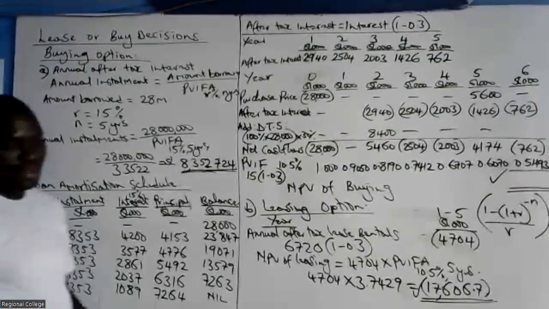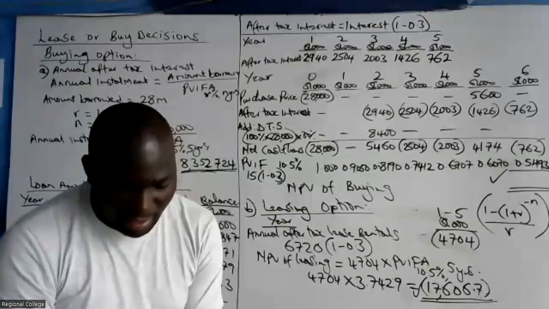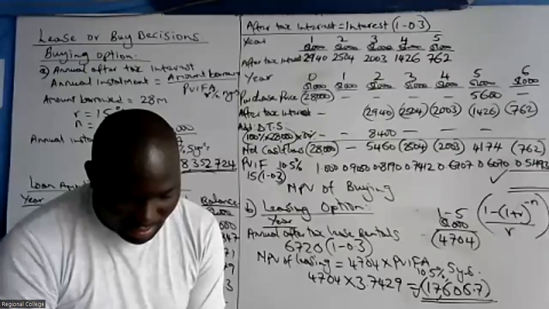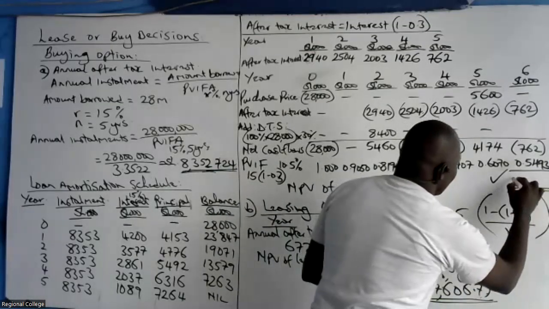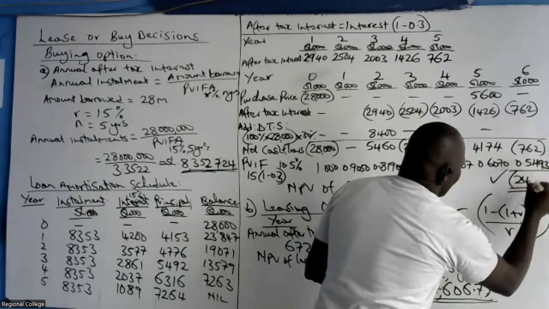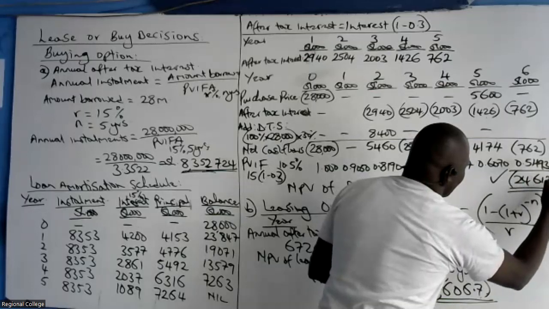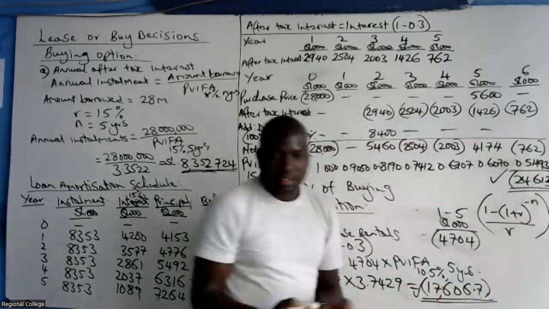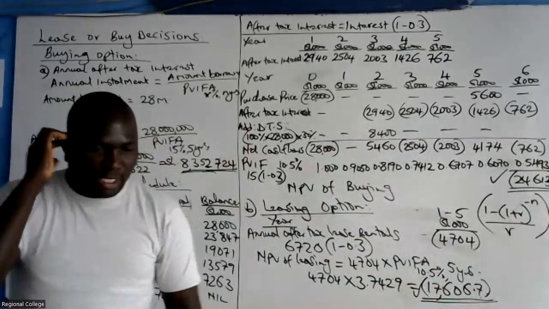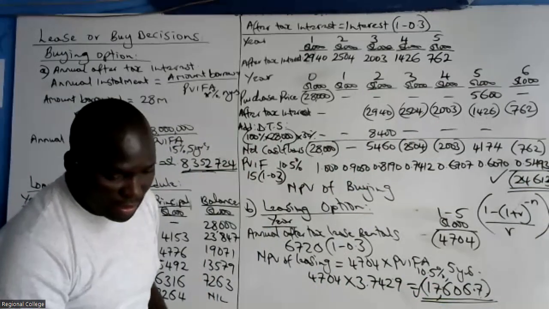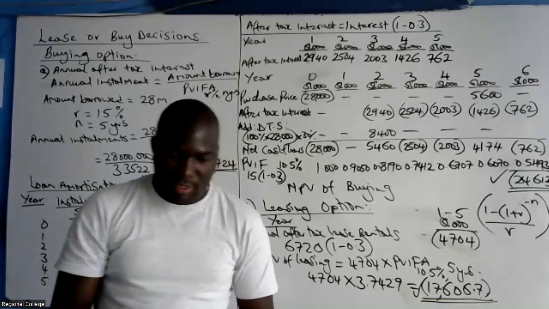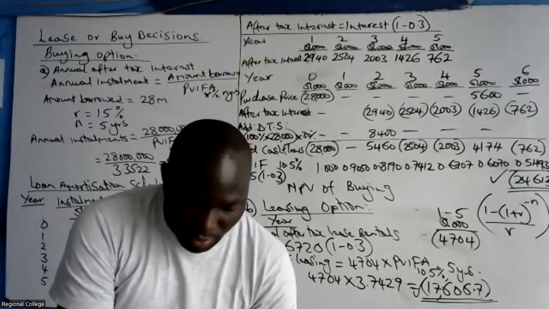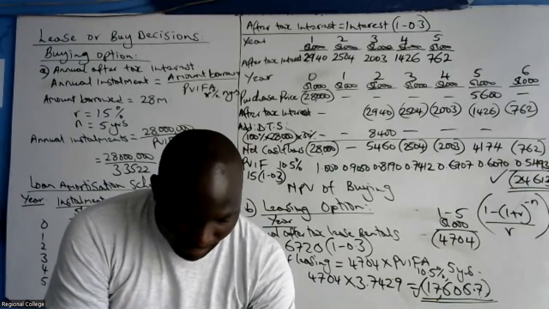So conclude on the buying option, then you can give advice. 24, 6, 12, so 613. Yeah. So for that reason, we go in for what? We go in for leasing. That leasing option is recommended.